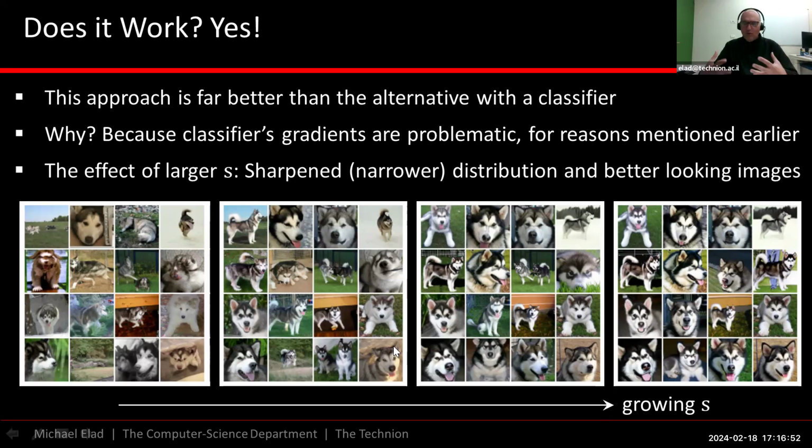The images are more sharply defined as husky dog, whereas here, some of them are hardly so, or harder to classify. So this is the effect of growing S. Or more accurately, the effect is that you get better precision, less recall. Better precision means very good images, but you are not covering all the possibilities of images.